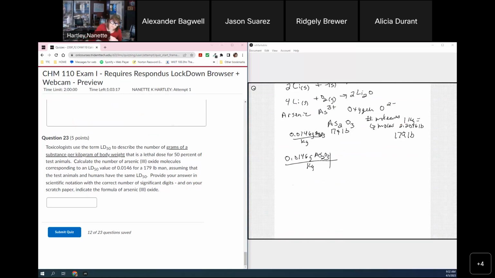So I can take my 179 pounds, multiply that by 1 kilogram and divide by the 2.2046 pounds. That cancels my pounds and leaves me kilograms. So 179 divided by that 2.2046, and that means that this is 81.0 kilograms.